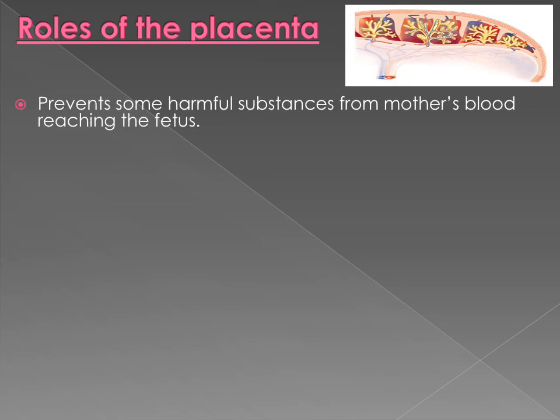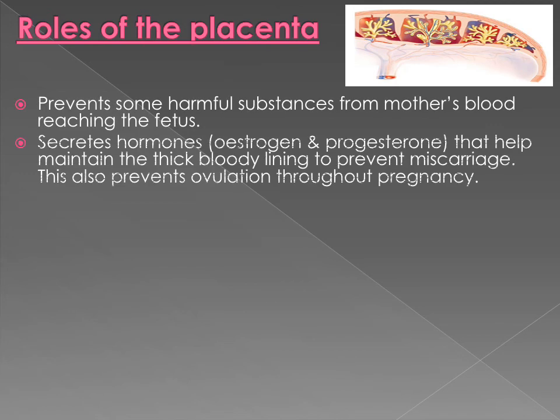It also secretes hormones, estrogen and progesterone, that help to maintain the thick bloody lining and to prevent miscarriage, to make sure that the baby is safe, he is well attached, he is surviving.